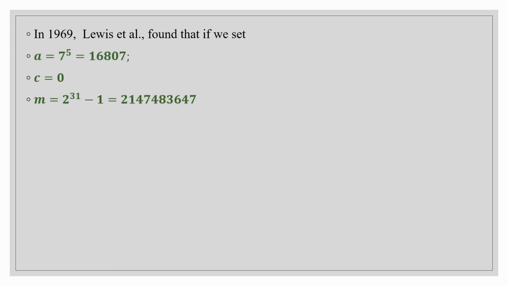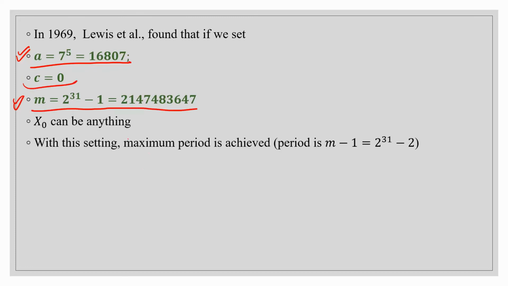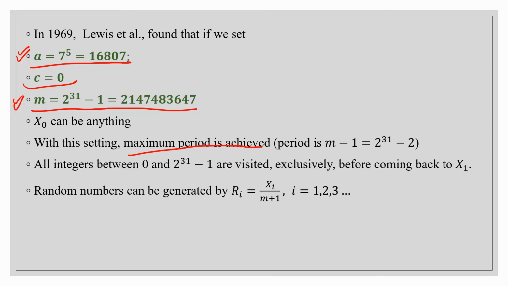With a set to this, c equal to 0 and m set as this, we will have maximum period. All the numbers between 0 and 2 to the power 31 minus 1 will be generated before coming back to the seed number. Whatever the seed number is, all the numbers in between will be generated.